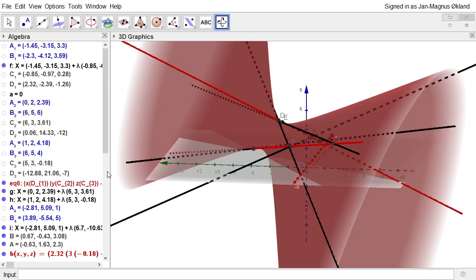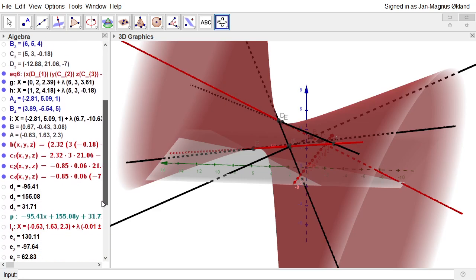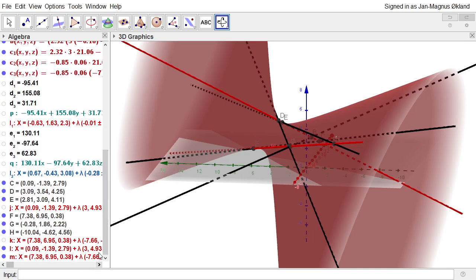It's a quadric in P5. Otherwise, the argument is the same: real or complex 3 space with lines.